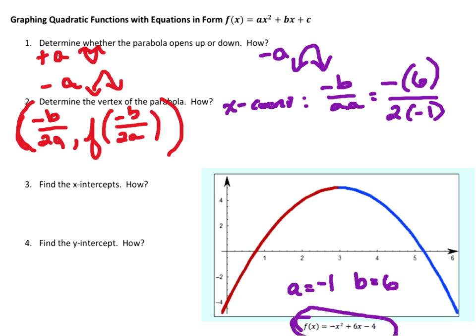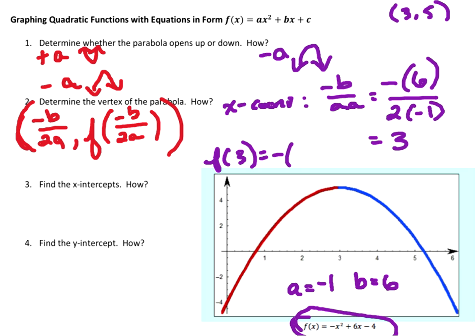Don't forget, we found out in the last form that the vertex is going to be 3, 5, and you can see it in the picture there. So this is the x-coordinate. Negative 6 divided by negative 2 is positive 3. Then my y-coordinate of my vertex is what I get when I plug in that positive 3 into the function.